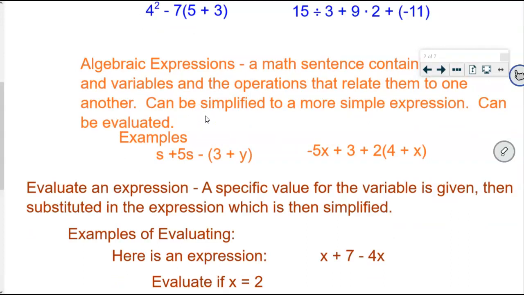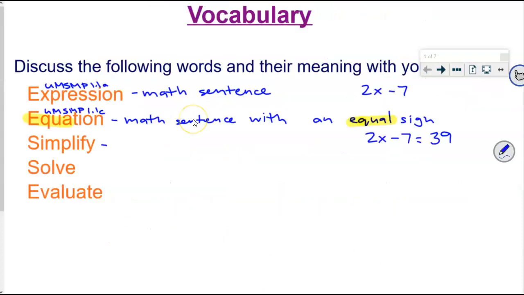We start out with something big, we simplify it by combining those like terms and make it easier to look at. So yes, simplify really truly does make it easier to look at. Really, mathematically speaking, we would be combining like terms. You could even say get rid of parentheses, like doing our groups or our distributive property.